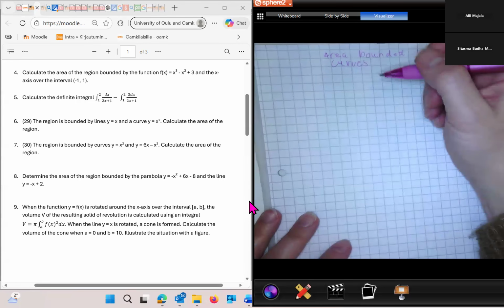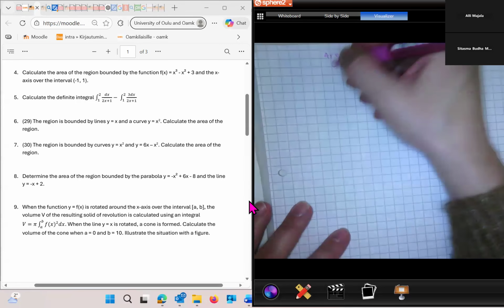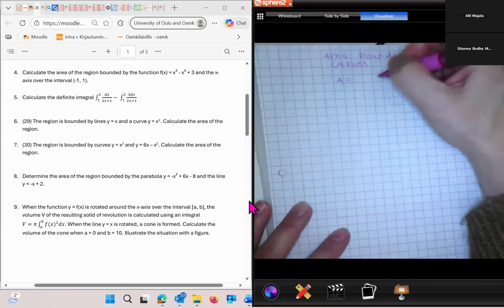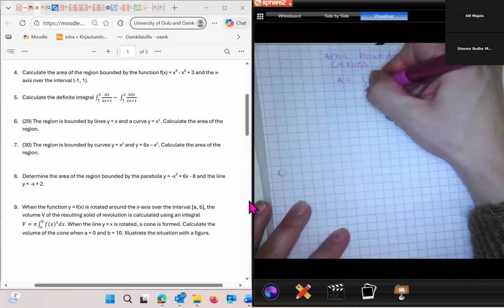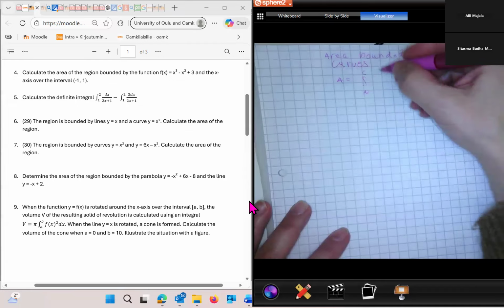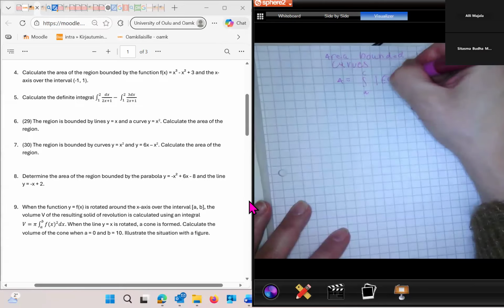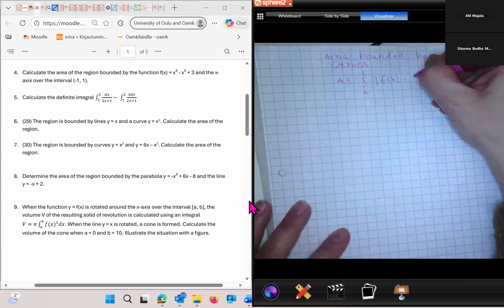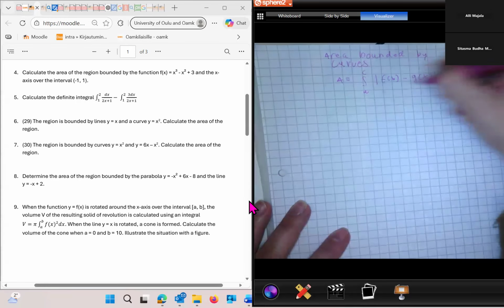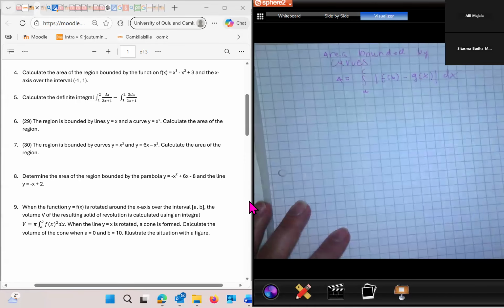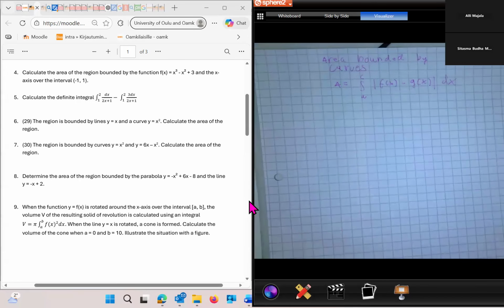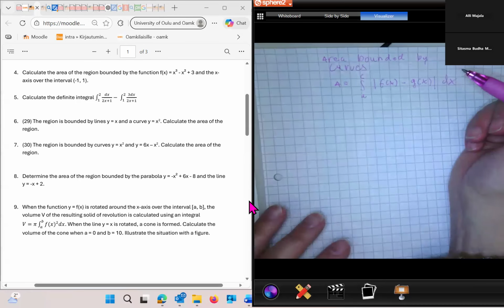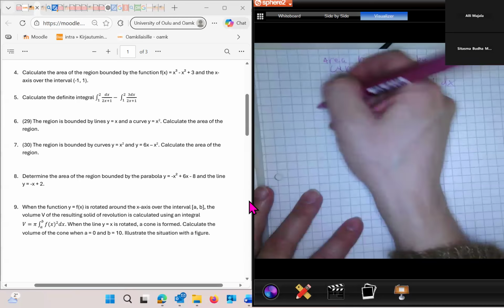I'll still write the equation here. So the area is the integral from the beginning to the end, with absolute value signs here, and let's do the integral. We are now, of course, assuming that it will be a function that we can integrate, so we are not yet using Simpson's method.